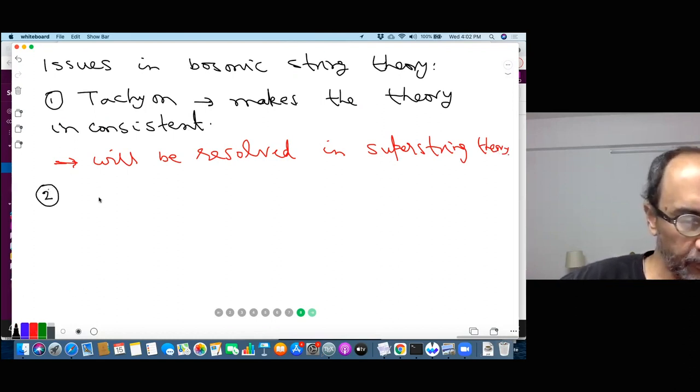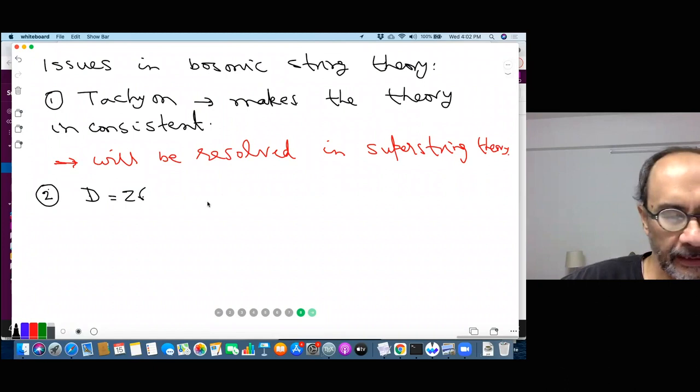The second issue is the fact that we have d equal to 26, but we live in d equal to 4.